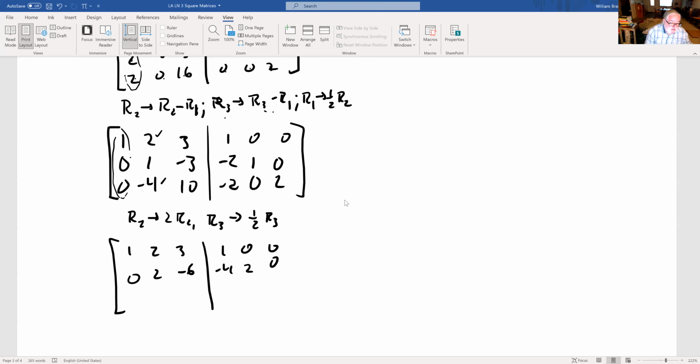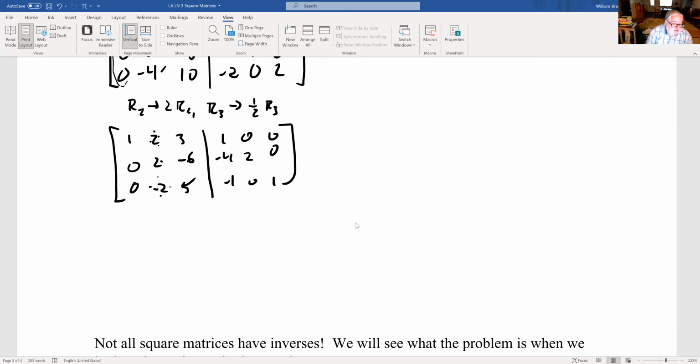And then 0, minus 2, 5, minus 1, 0, 1. And the point is now I can get rid of this 2 here and this 2 here by using row 2. So we'll replace row 1 with row 1 minus row 2, and row 3 we'll replace with row 3 plus row 2, because they have opposite signs of the 2. And then we'll divide row 2 by 2.